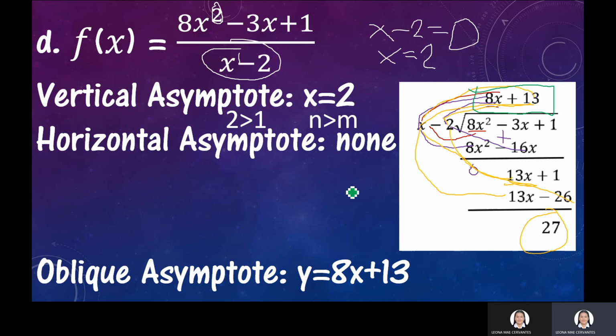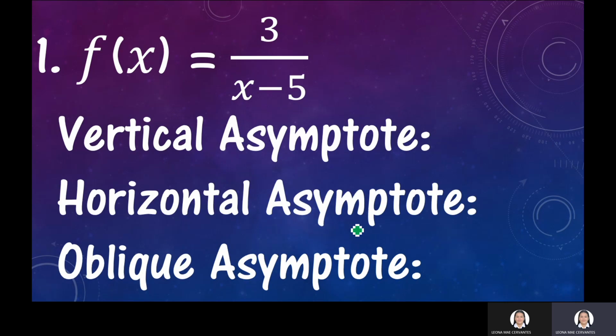So now, get your notebook or scratch paper. Then try answering these functions. So, number 1, given is f of x equals 3 over x minus 5.